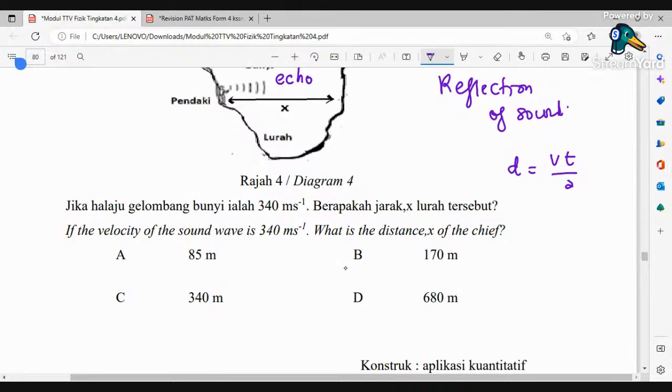Why divide by 2? Because the distance is one way, but the time taken is for two ways. So that 4 seconds you need to divide by 2. So 340 times 4 divided by 2, you get 680 meters.